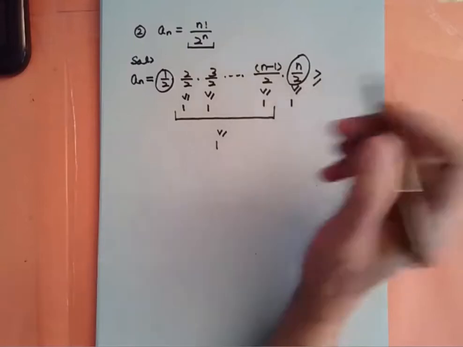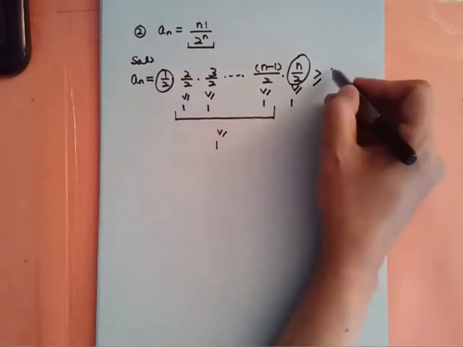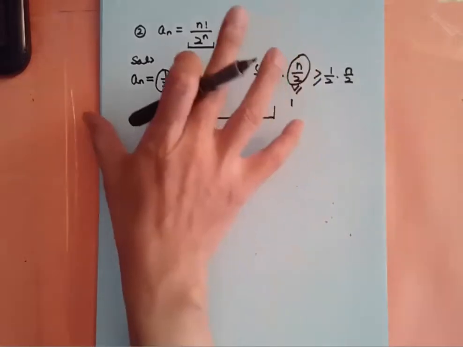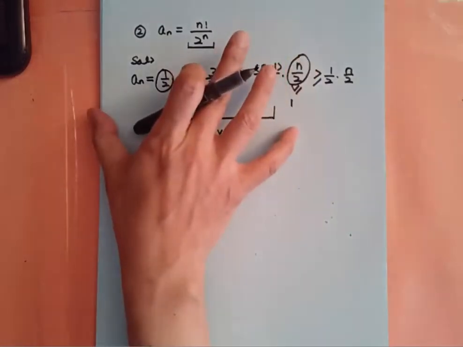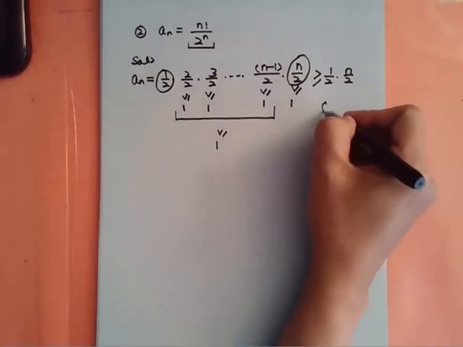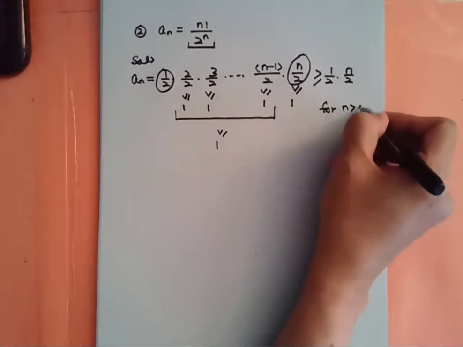So what you can conclude from here is that 1 over 2 times the whole multiplication becomes greater than or equal to 1 over 2 times n over 2, if n is greater than 1.